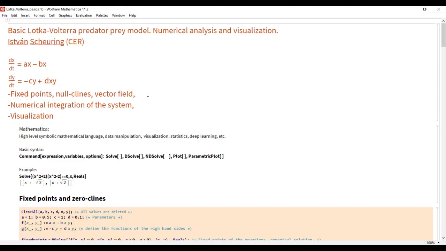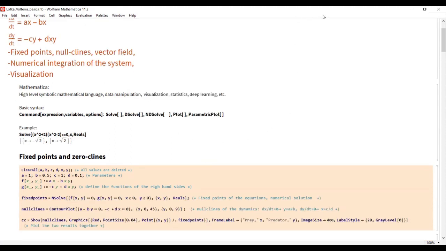We can visualize the vector field of this system, which means you can determine the speed and direction of the motion at every xy point. And you can integrate this system numerically as well, to see how the system behaves as a function of t, and there will be some points about the visualization.